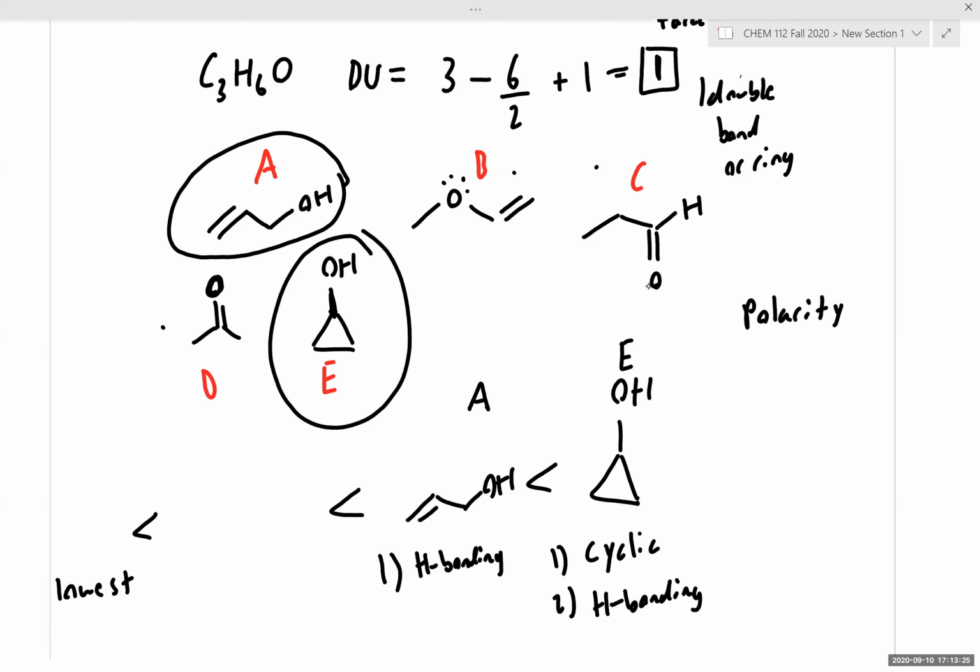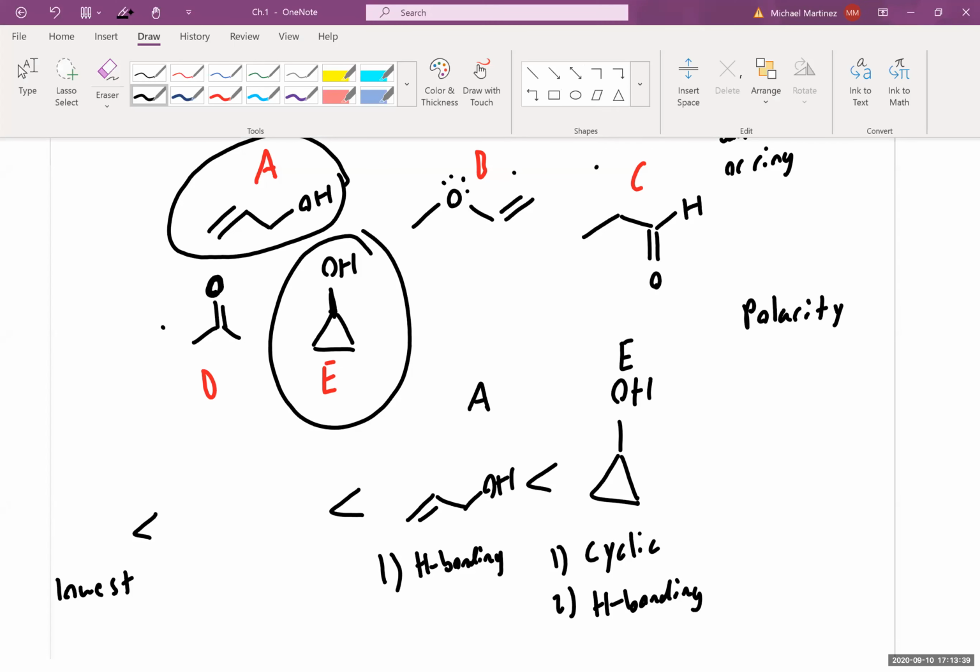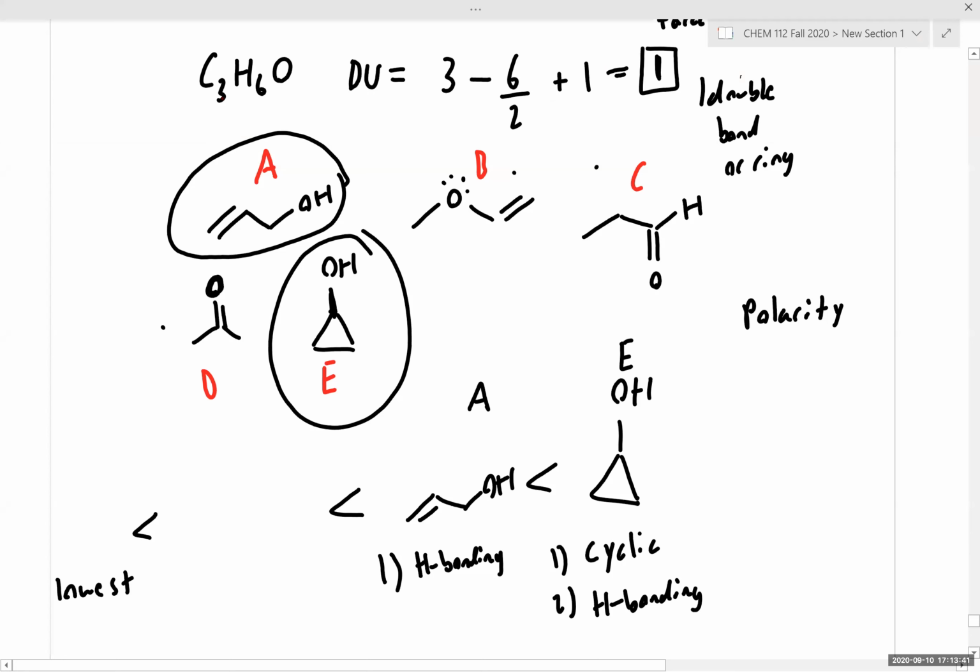So with these considerations in mind, when we looked at polarity and we looked at different functional groups and their relative boiling points, which functional groups had the higher boiling points, the ketone and aldehydes or our ethers?